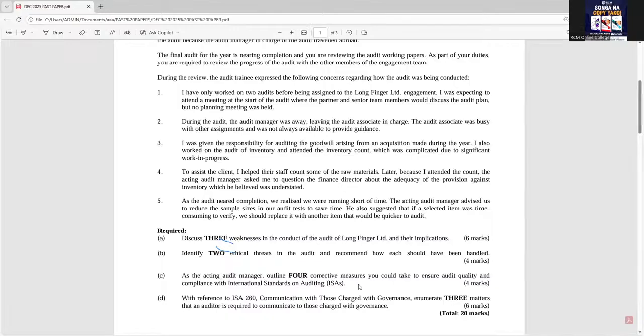So the answers here were meant to solve the weaknesses identified. Lack of planning: ensure adequate audit planning before commencement of the audit engagement. Deployment of inexperienced staff: if you're auditing complex areas such as valuation of goodwill, ensure the staff you send out on the engagement have relevant expertise to conduct the audit.